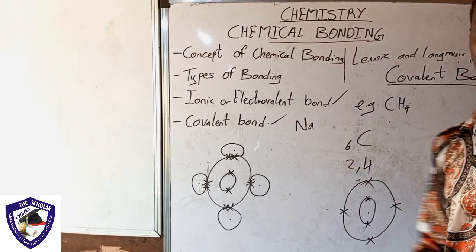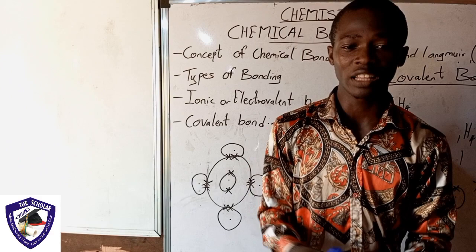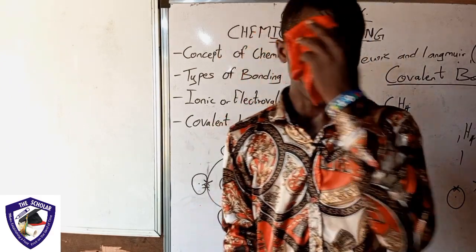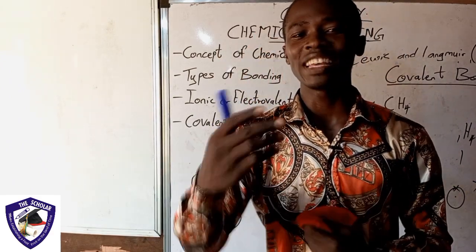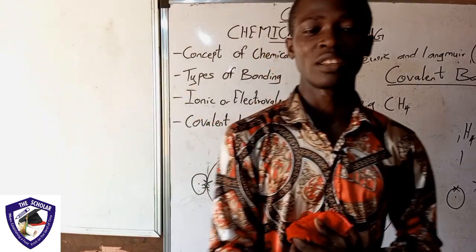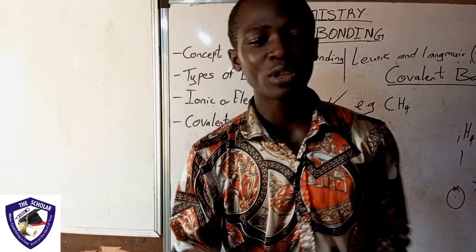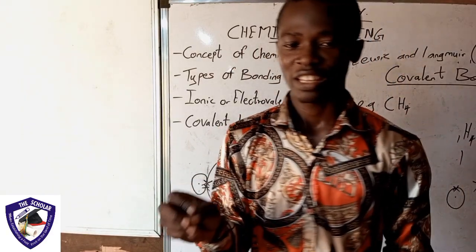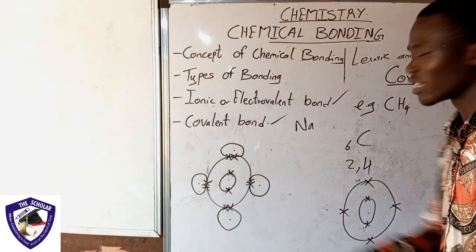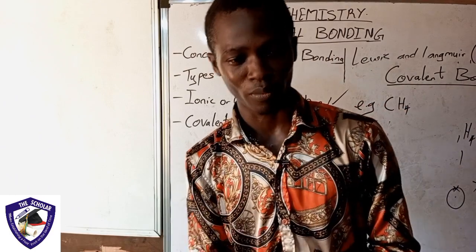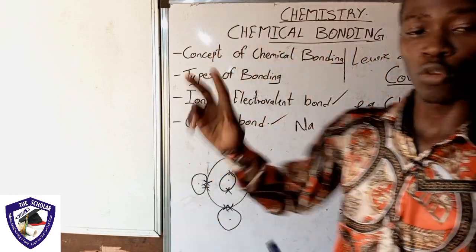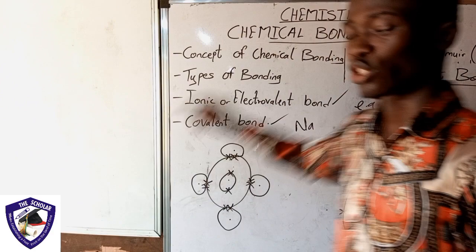And I talked about electrovalent bond, and I said electrovalent bond is formed between two kinds of atoms having a large electronegativity difference, for example, between metals and non-metals. The formation involves a transfer of electron from the less electronegative atom, which is metal, to the more electronegative atom, which is non-metal.